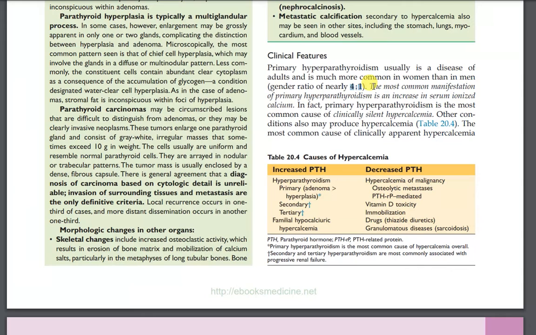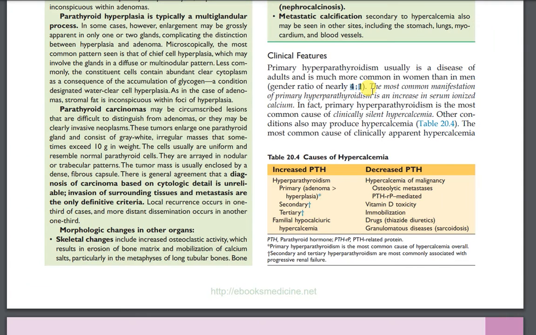But after menopause, the estrogen level is decreased, and that's why even if females had hyperparathyroidism, we didn't mention it, and we just didn't get clinical signs of it.